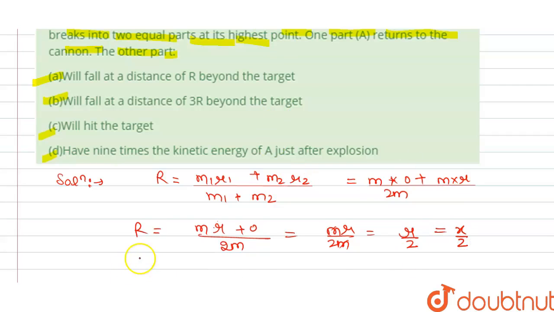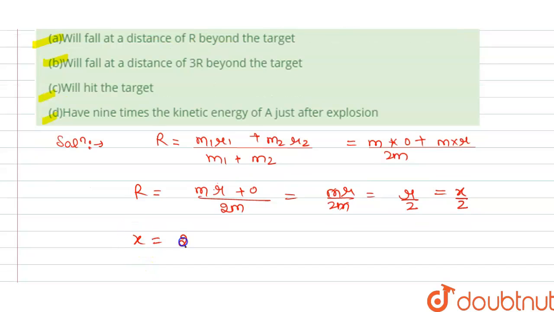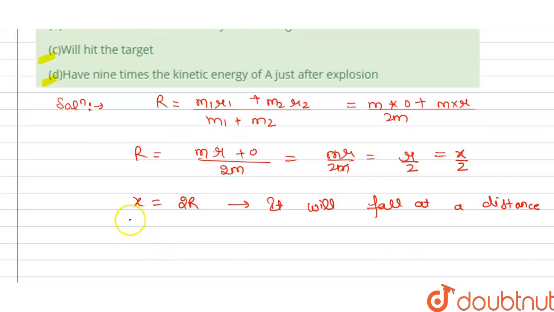So from this we can write X is equal to 2R. From this we can say that part B will fall at a distance of R beyond the target, as it is 2R here, and the other part will fall at the distance of R beyond the target.